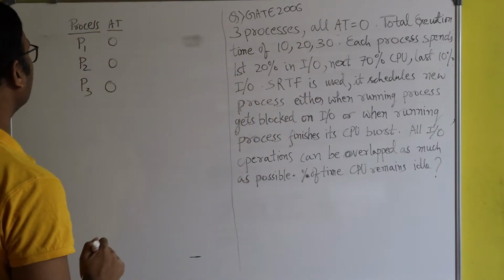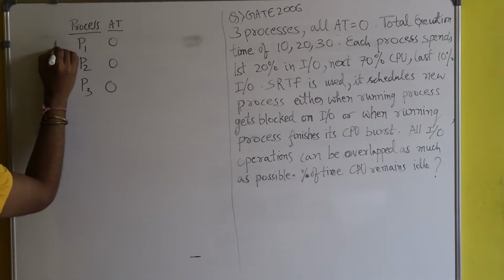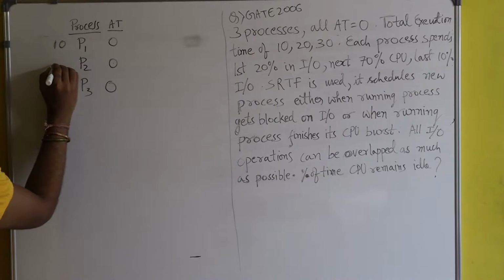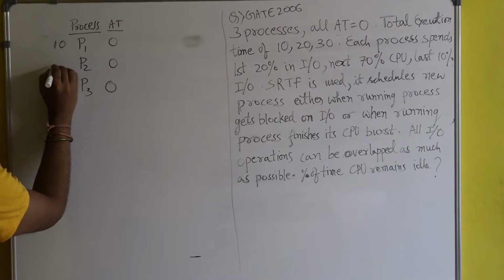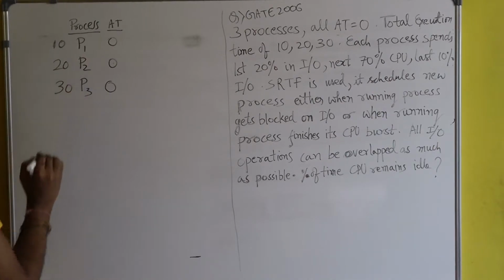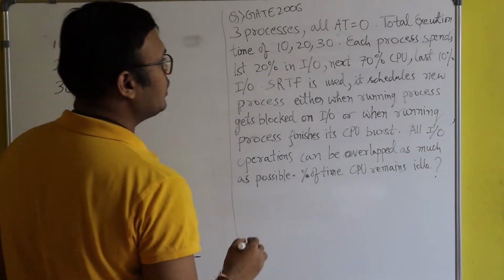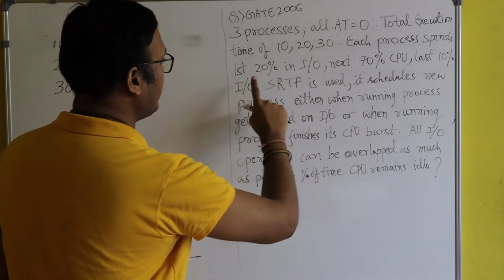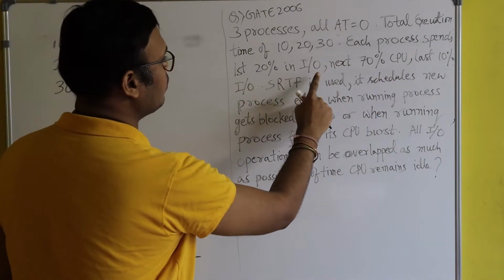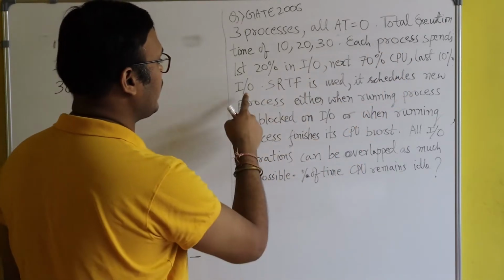Execution time of P1 is 10 units. Here I am writing 10 units, then 20 units for P2 and 30 units for P3. Each process spends the first 20% in I/O, the next 70% in CPU, and the last 10% again in I/O.